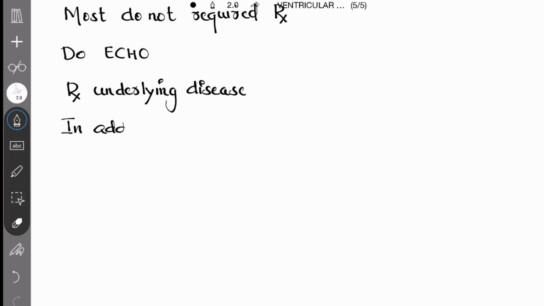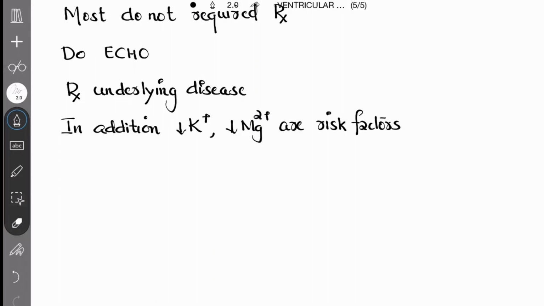According to Harrison, low potassium, that is hypokalemia, and low magnesium, that is hypomagnesemia, are risk factors for ventricular fibrillation in patients with STEMI.